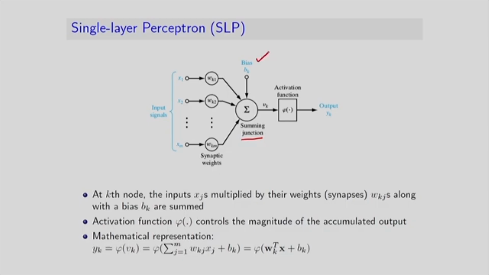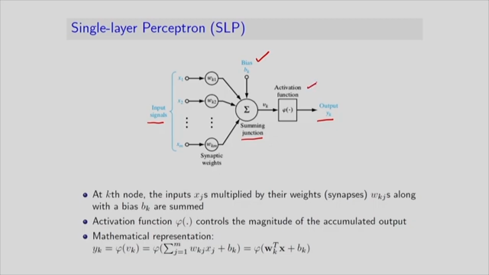And also we are considering the bias input, bk. So this is the single layer perceptron. We don't have any hidden layers, we have the input layer and the output node, and we are considering the activation function.